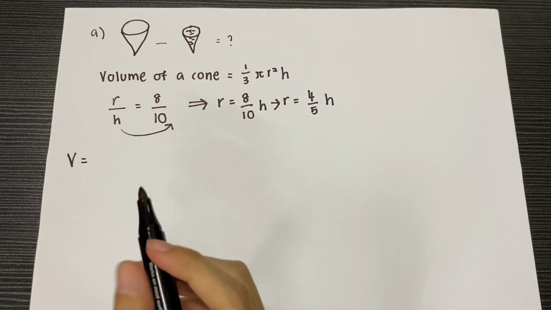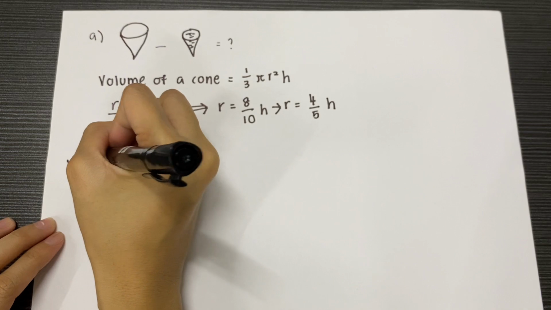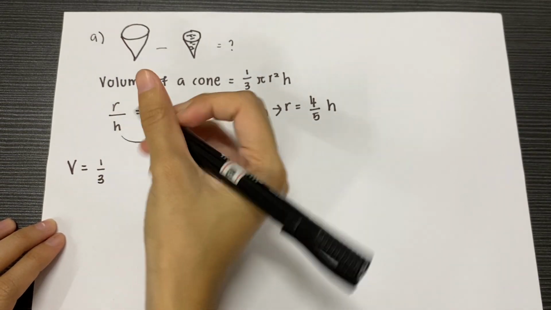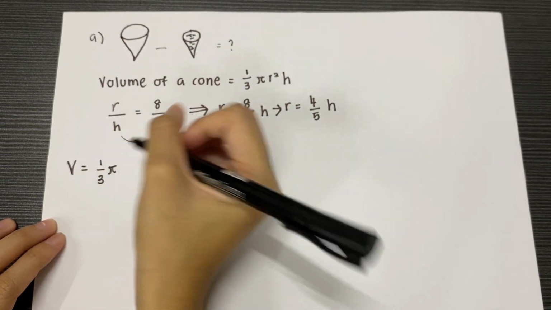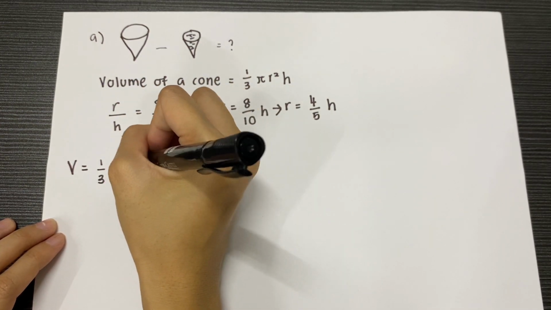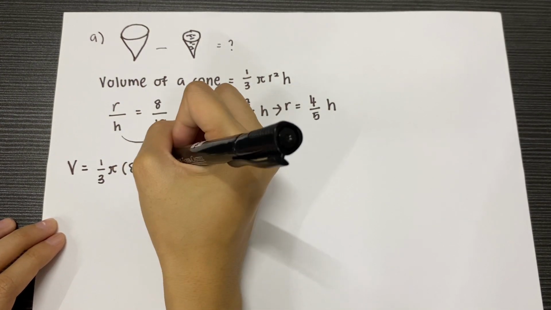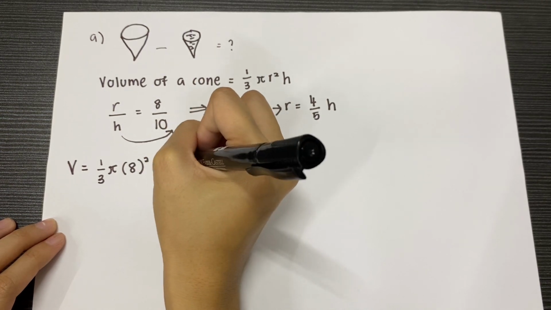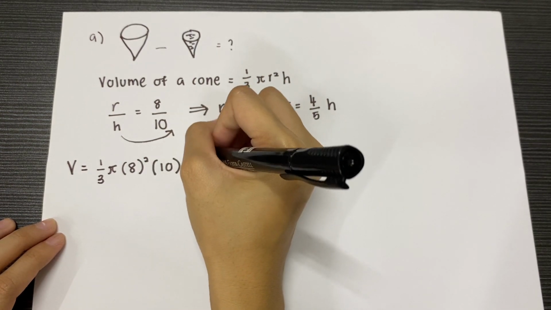First, for the big cone, we have 1 over 3 pi, our r is 8 square and our h is 10. This is for the big cone.